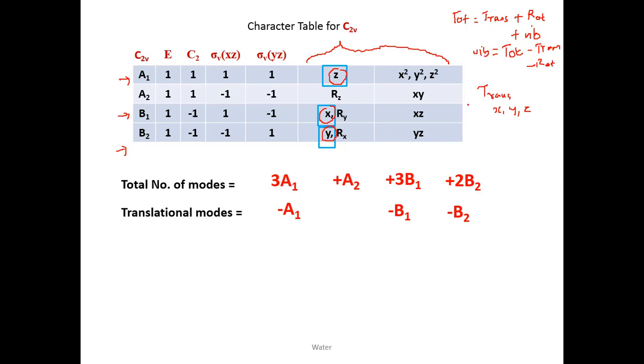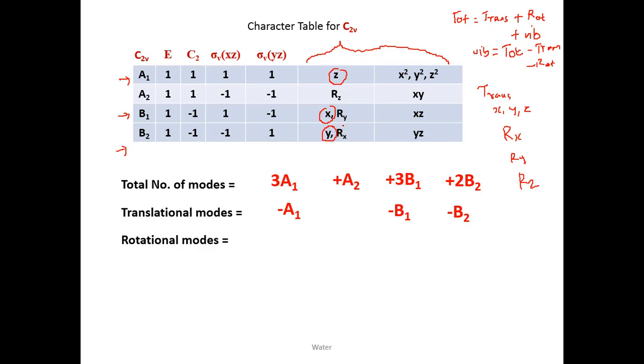Next we come to the rotational modes. When you come to rotation modes, look for Rx, Ry and Rz in the character table. They represent rotation modes.